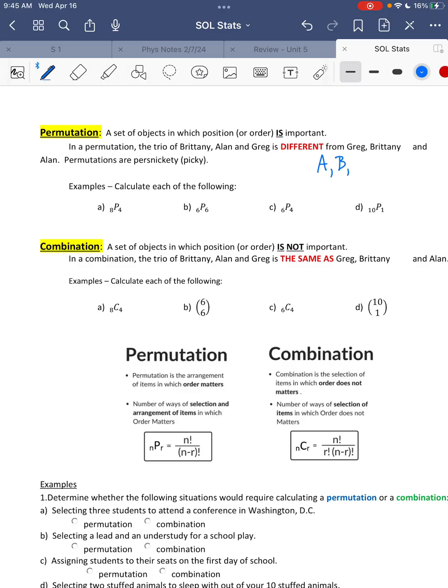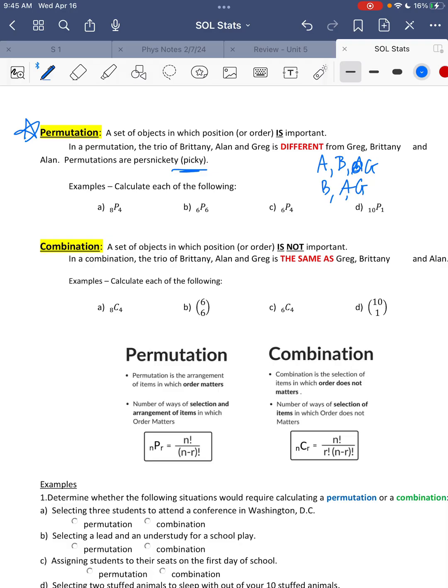So Alan, Brittany, and Greg is different than Brittany, Alan, and Greg because they're getting different offices, right? So when the order matters or when people are getting a different thing out of their selection, that is a permutation. So remember, permutation is picky. The order matters, okay?